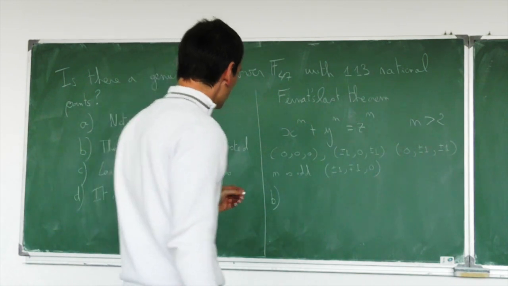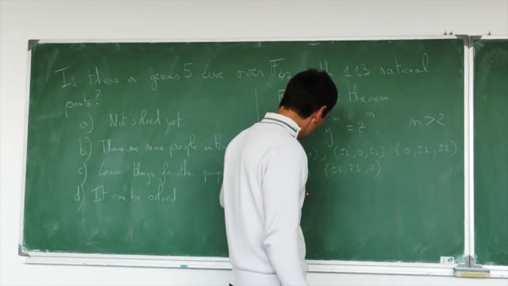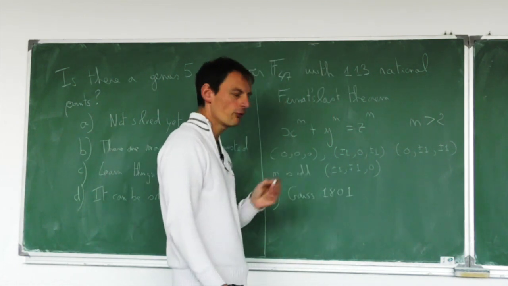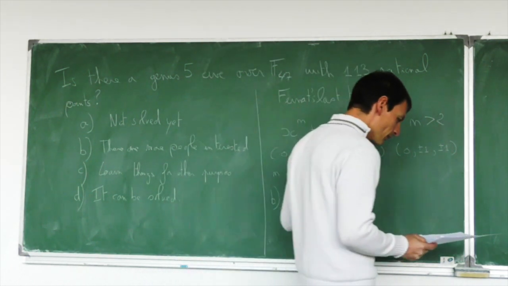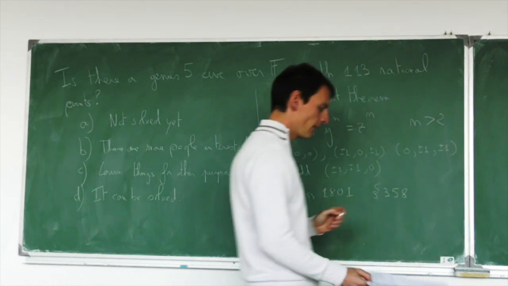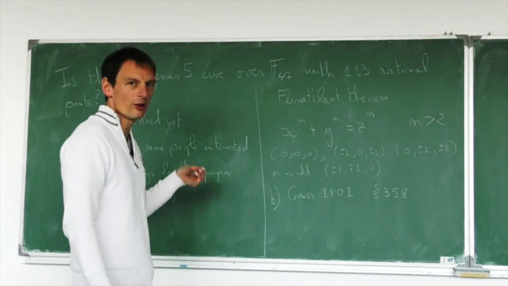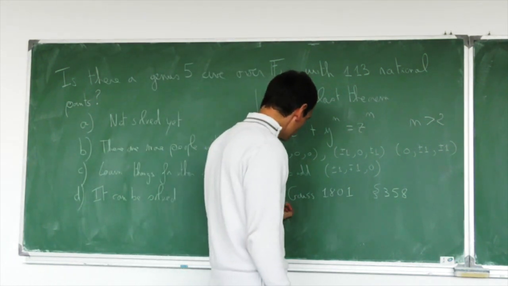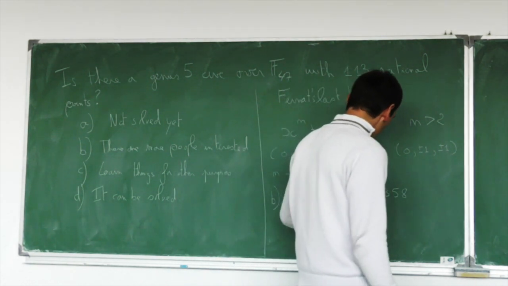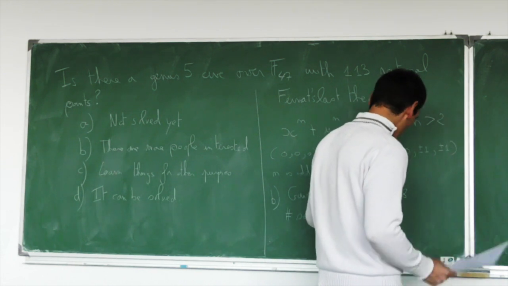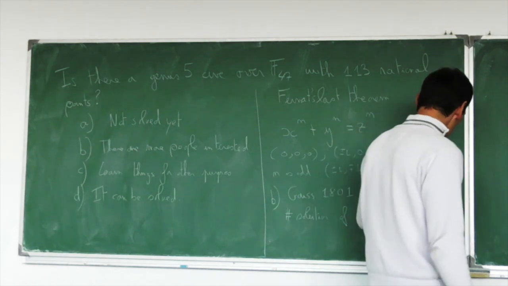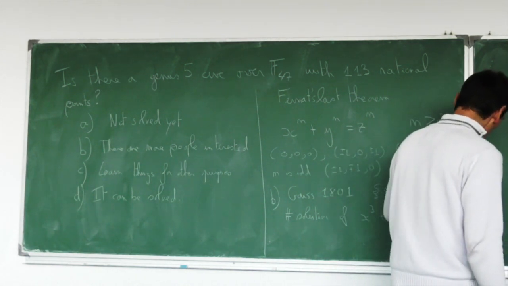Gauss, in 1801, in his famous Disquisitiones Arithmeticae, in section 358, says that he wanted to count the number of solutions of the equation x cubed plus y cubed plus z cubed congruent to 0 modulo a prime p.